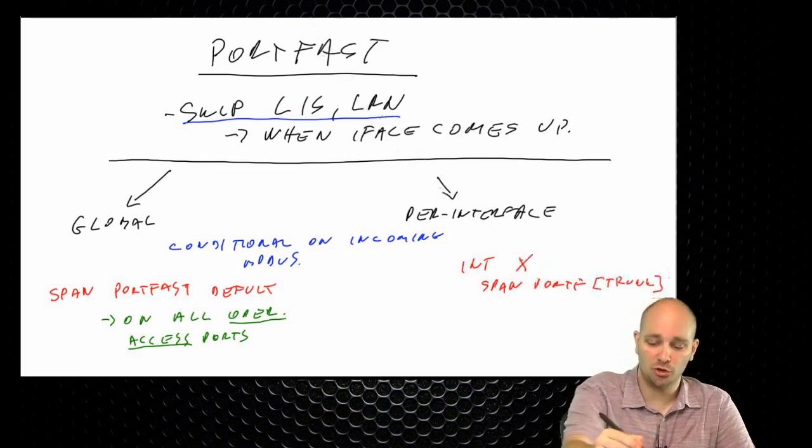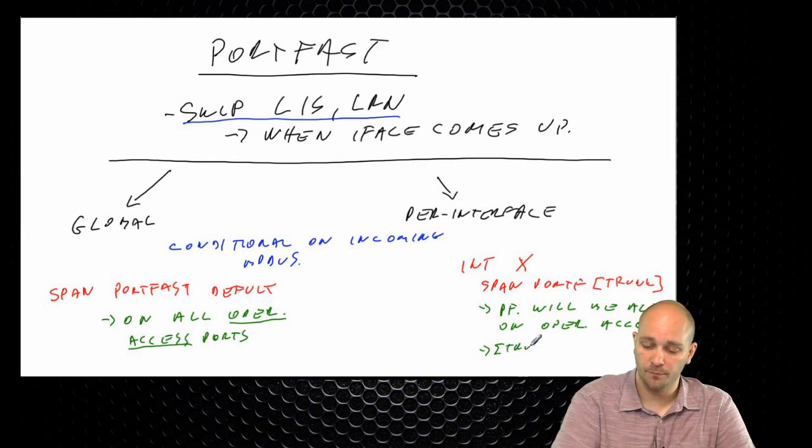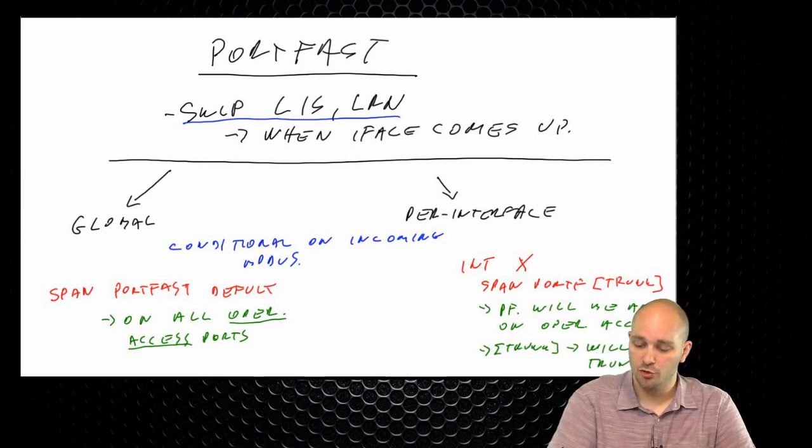If you do not configure it, Portfast will be active on operational access ports. Now, if you configure trunk, it will include trunks as well.